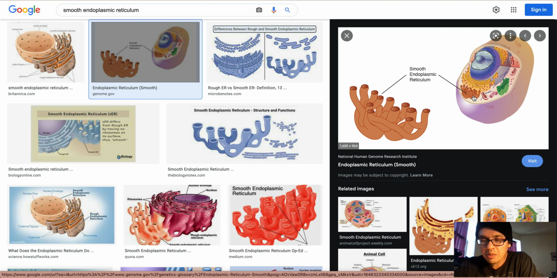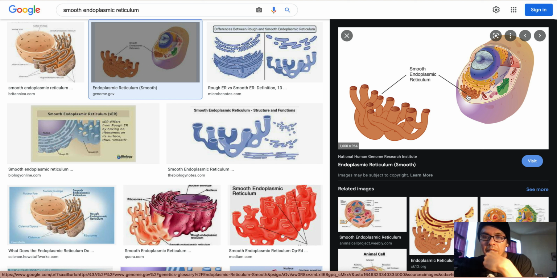But the smooth endoplasmic reticulum, look, if proteins are synthesized and folded in the rough endoplasmic reticulum, the ribosomes bound to it are responsible for the creation of those structural proteins and other very specific types of proteins. Then the smooth endoplasmic reticulum is responsible for other molecules, for example, fatty acid synthesis, right?